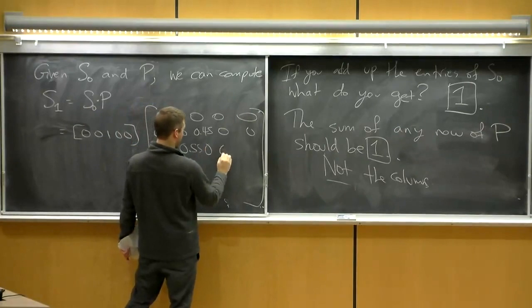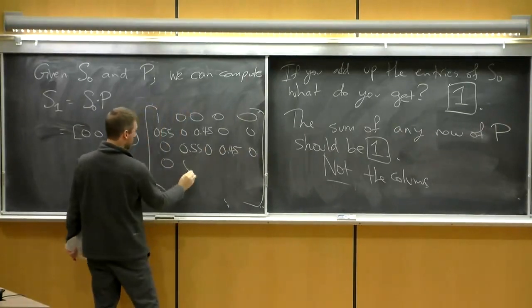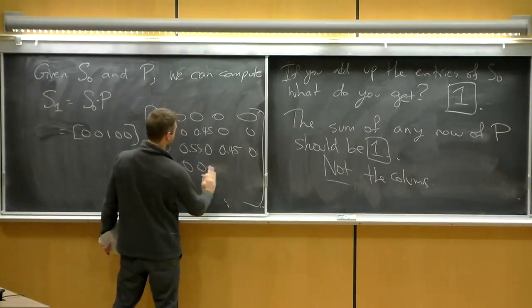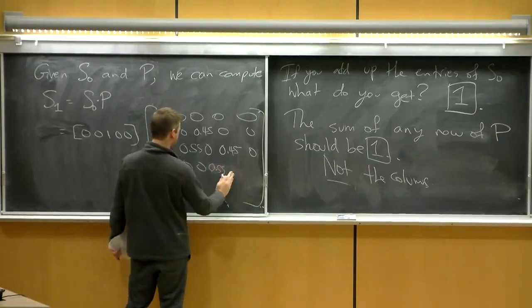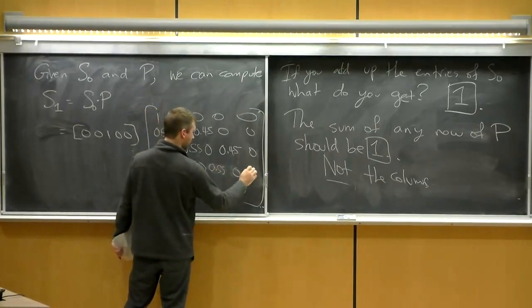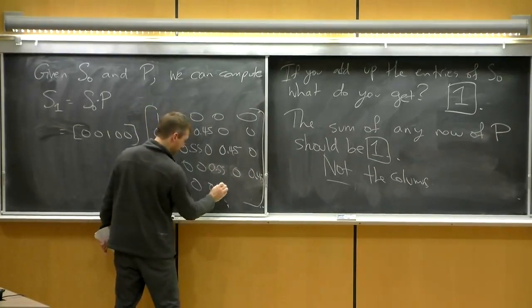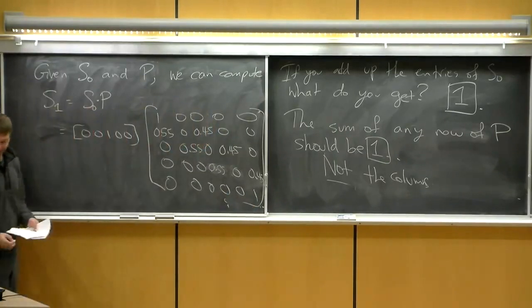Okay, this is a little bit hard to see, but I'm just writing out the same matrix again. I recommend doing it a little bit less messy than I do.